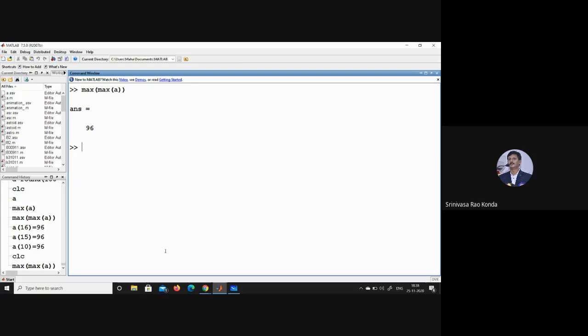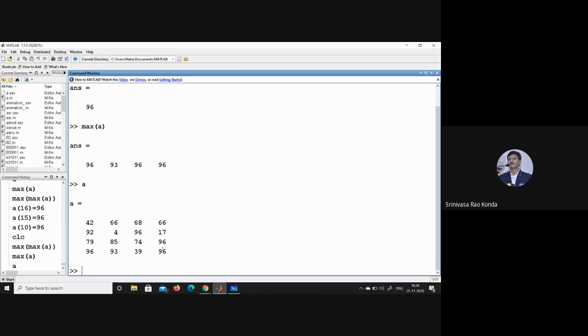element. But if you give like this, in that case also we'll get the maximum element in this column, maximum element in this column. In this only one maximum element. In this two maximum elements are there. 96 matches.